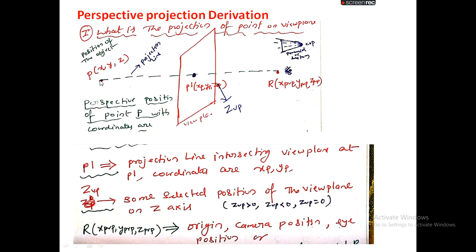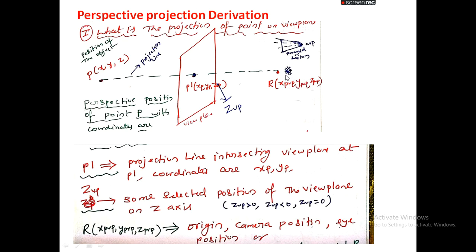Consider a point P in space, and we assume it is an object having coordinate positions x, y, z. This is the first parameter. Next we have a projection reference point R. This R is called the projection reference point, or origin, or camera position, or eye position.